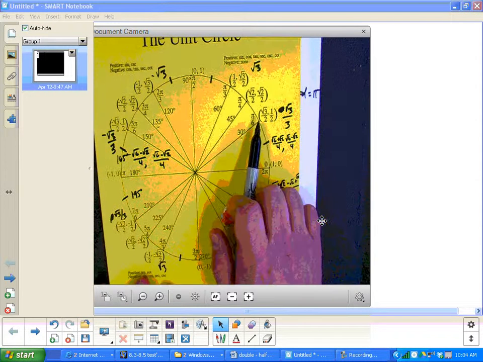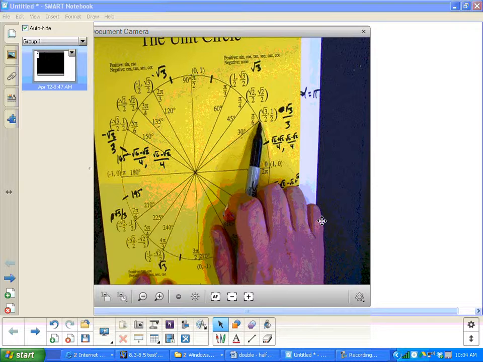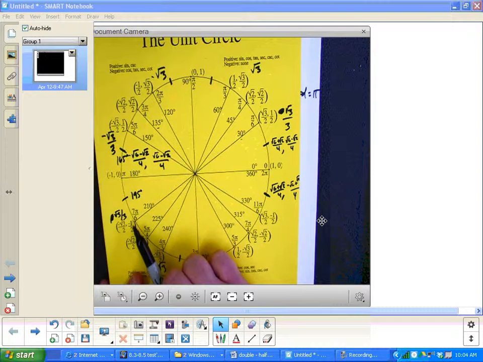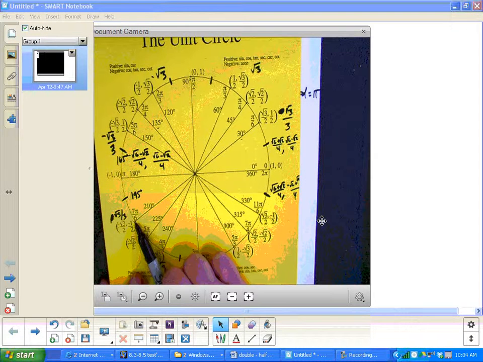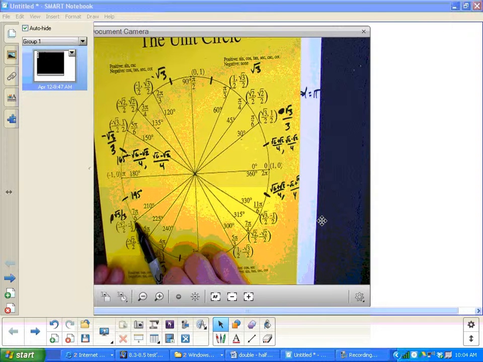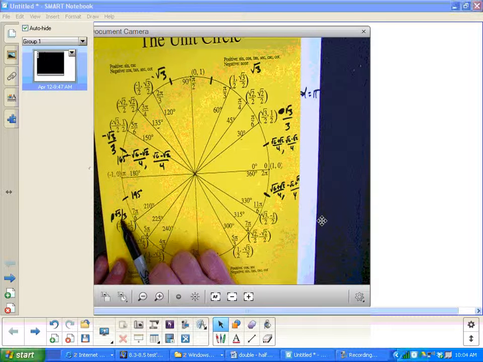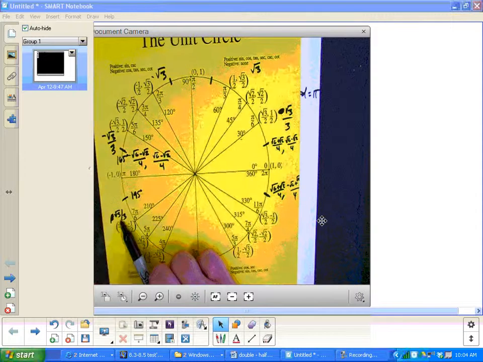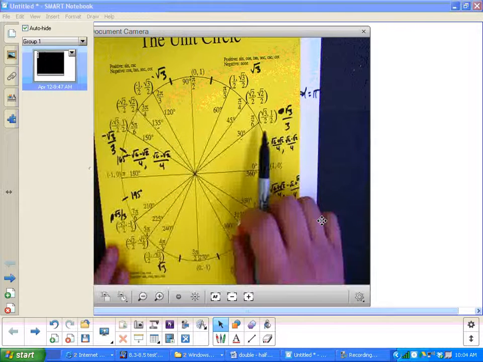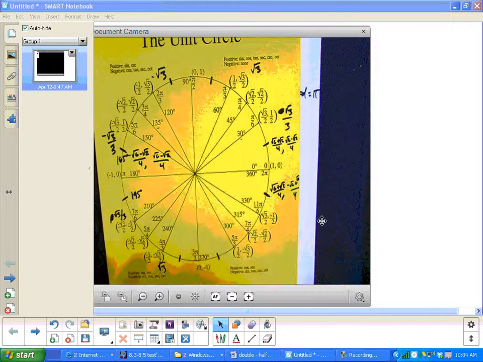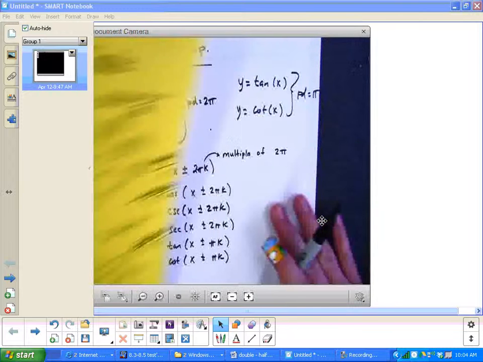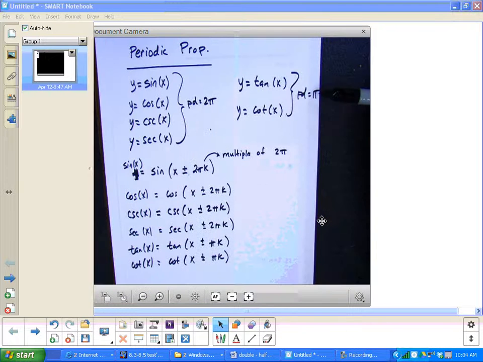Okay. So halfway around would just put me at 7 pi over 6, wouldn't it? Okay. Now, what's the tangent of 7 pi over 6? Square root of 3 over 3. So you get why tangent's a little bit different. All you have to do to get the same value on tangent is only go halfway around.